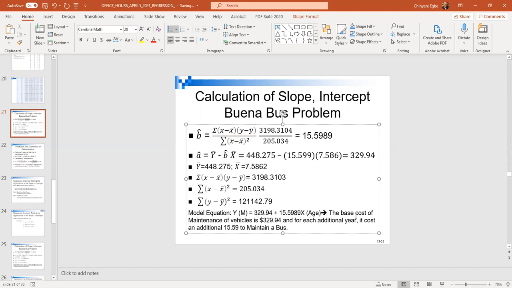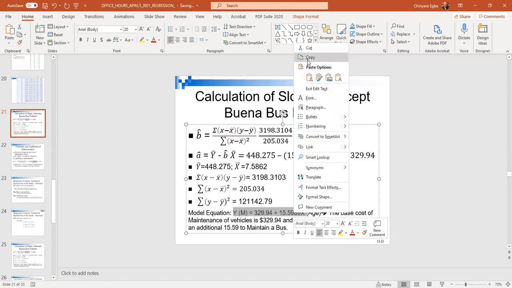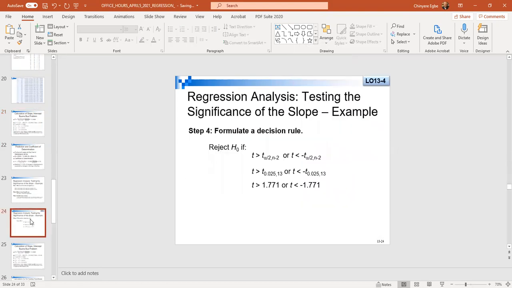The base cost of maintenance is 329, and for each additional year, it will cost 15.59. Let us try to use this to estimate what it will cost to maintain a bus that is, say, 12 years.